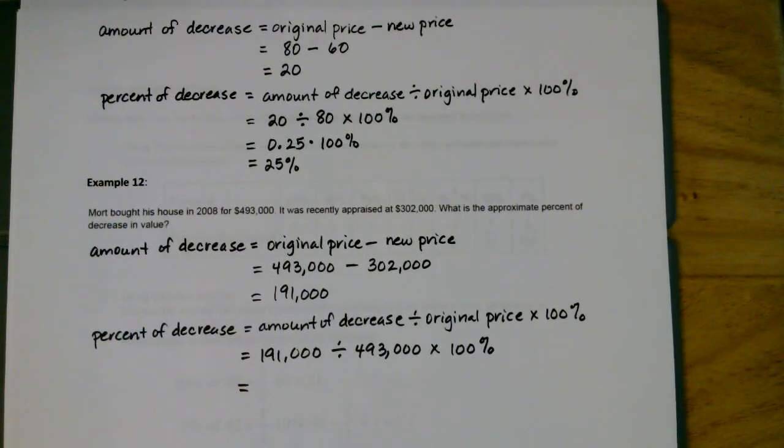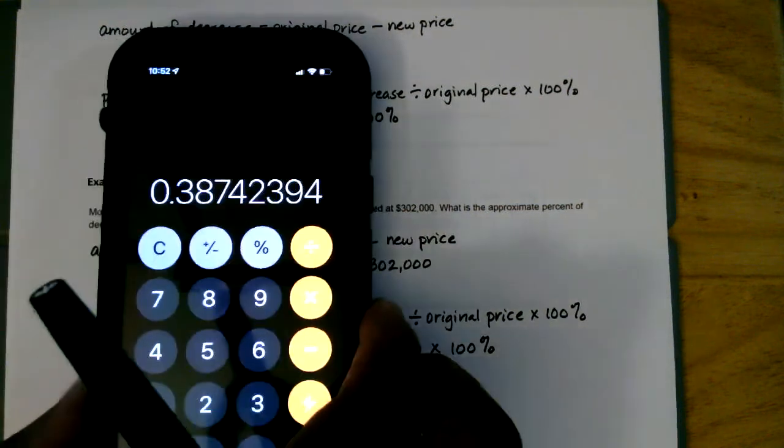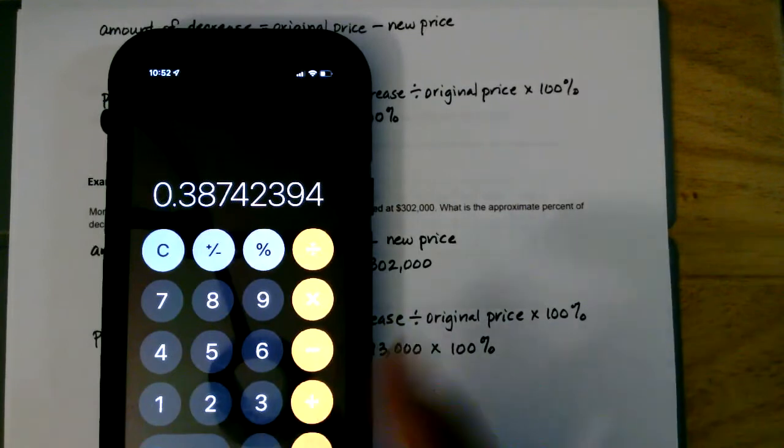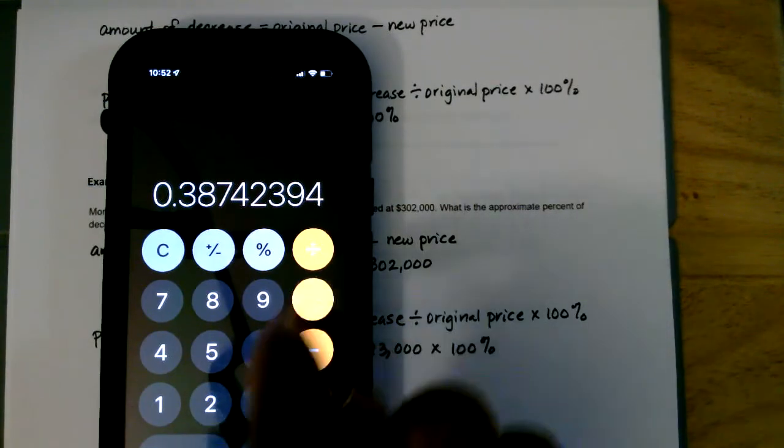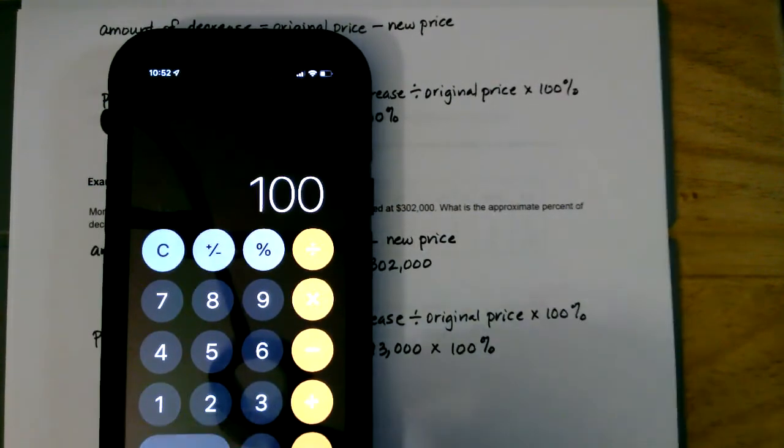So here, 191,000 divided by 493,000 times 100. And in fact, let me go ahead and do this on this other calculator. You're going to get this decimal, and that's okay. But I'm going to change that to a percent, so it'll be times 100.